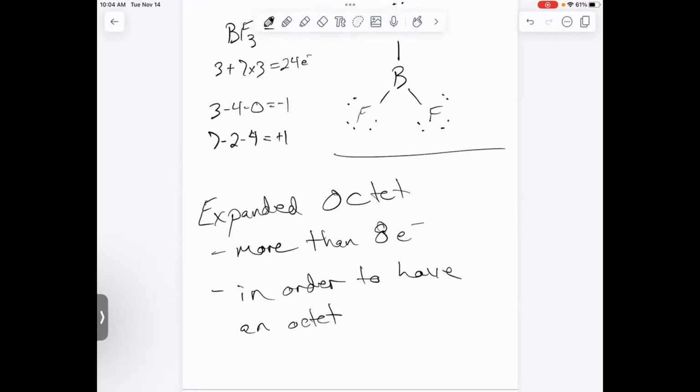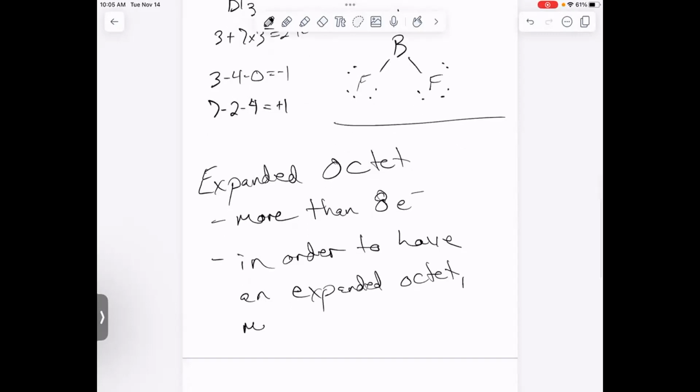If we think about it, that magic number 8 comes from s and p orbitals filling them entirely. If I need to go over 8, our atom has to have d orbitals as well to be able to put electrons into, to go past that 8. So in order to have an expanded octet, the element must have d orbitals.